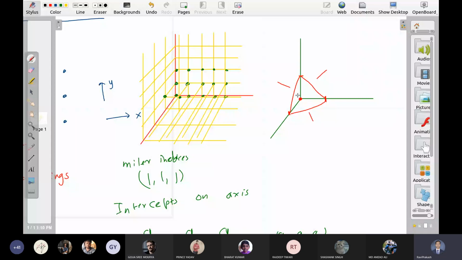Sir, if someone puts a bar over each one, then what does it mean? Like 1 bar, 1 bar, 1 bar. So bar means negative. So you can ask, what is 1 bar 1 plane?